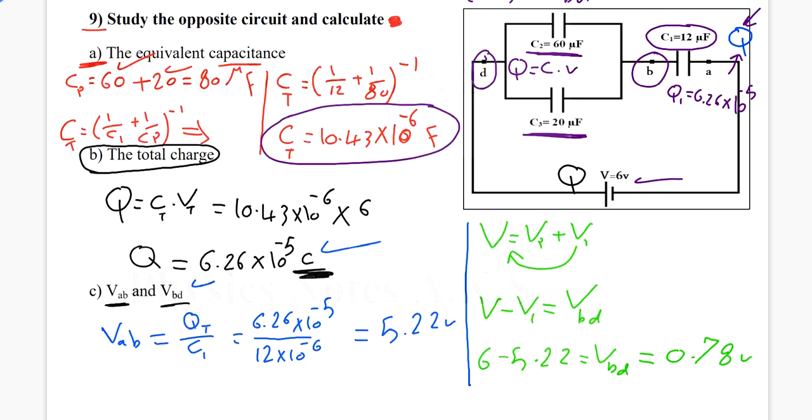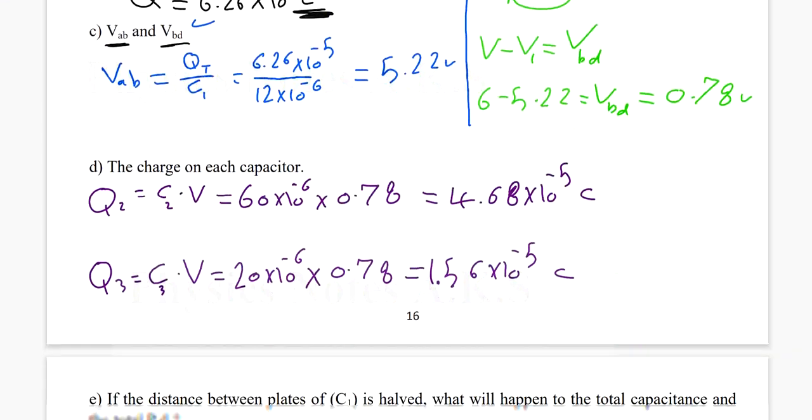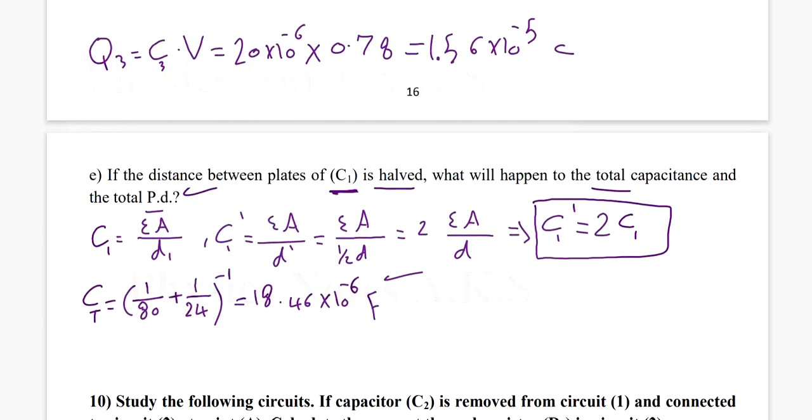Here the change of the capacitance will actually change the charge, but basically we are using the same battery. We didn't change the battery, so the potential difference will stay the same. The total potential difference will not be affected because we are using the same battery or power supply, so the potential difference doesn't change.